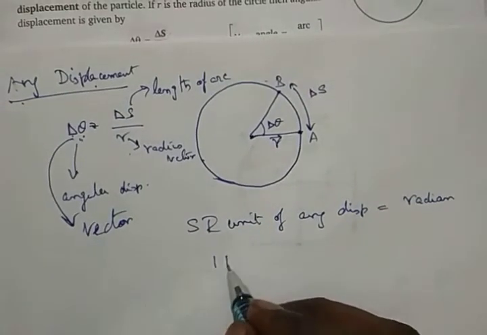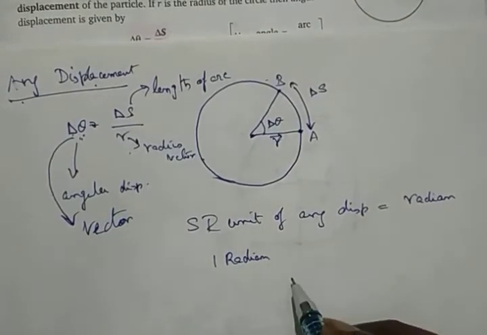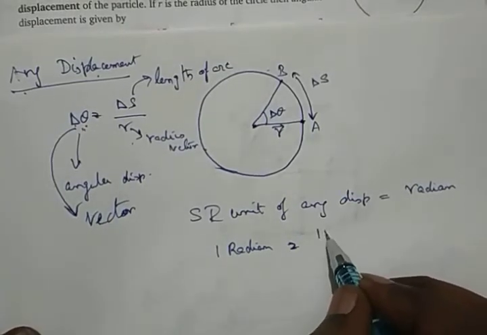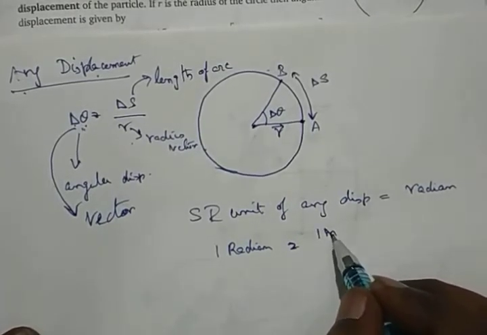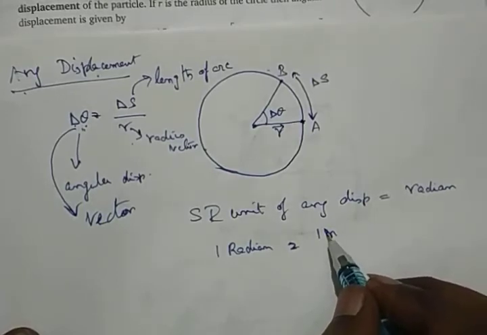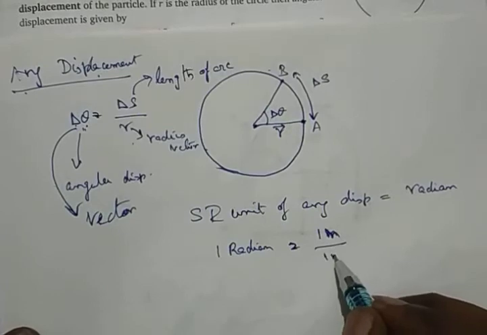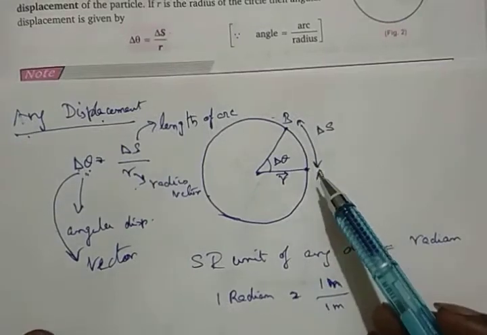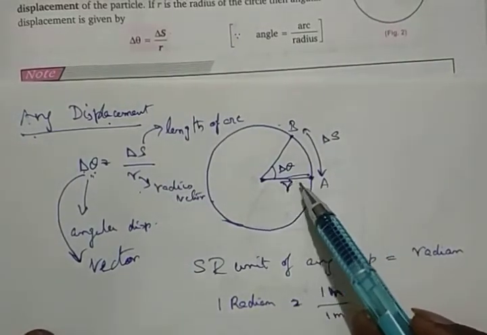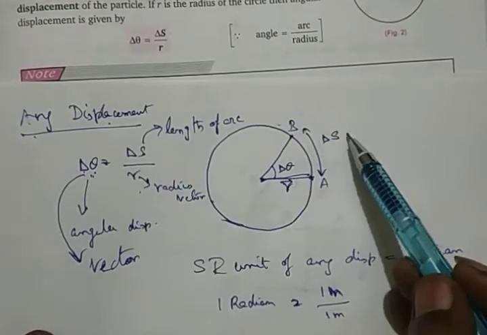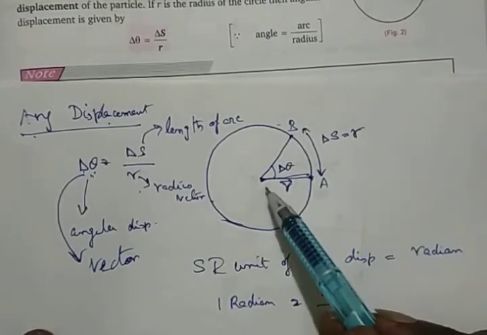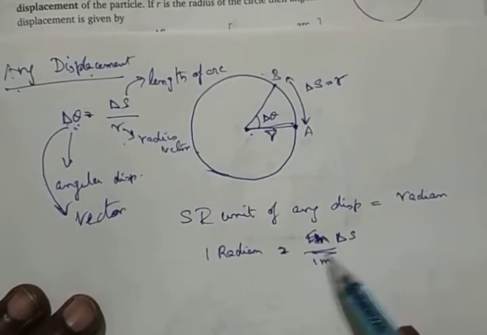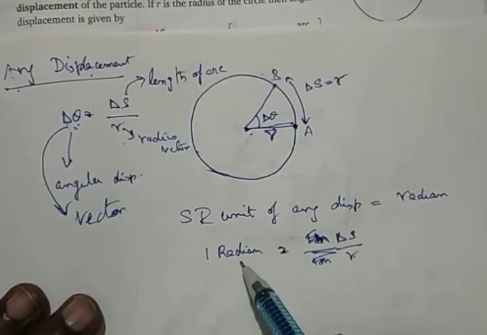What is 1 radian? 1 radian is when you have 1 meter upon 1 meter of radius, then it is going to be called 1 radian. In other words, this is radius. From here to B, this delta S is going to be equal to 1 radius, exactly the same distance as the radius.